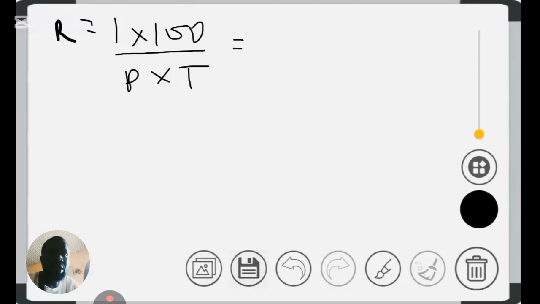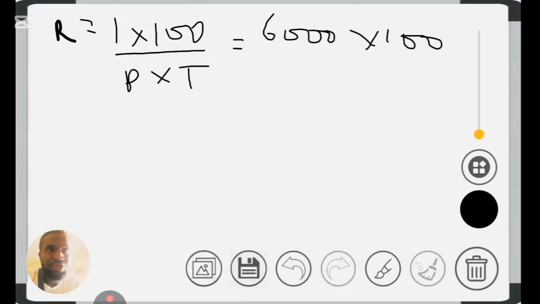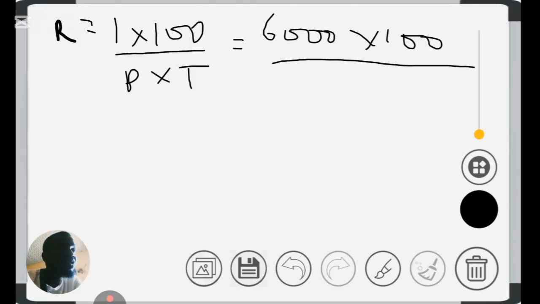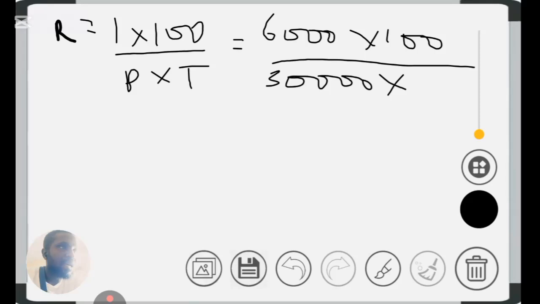Now I is the interest, and they say you've earned 6,000 naira interest, so the interest here is 6,000 naira, so you put 6,000 times 100, all divided by the principal. The principal is the amount you used in starting the business, and the principal is 30,000 naira, so you say 30,000 naira times time. It's for 2 years, so you say times 2.